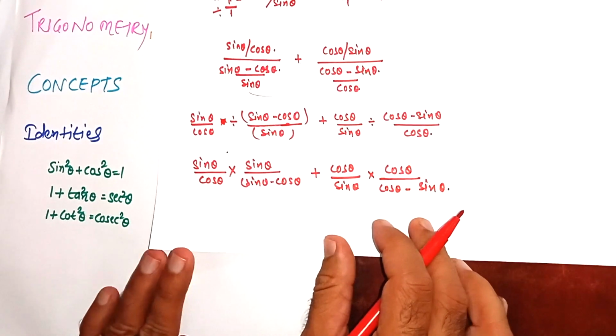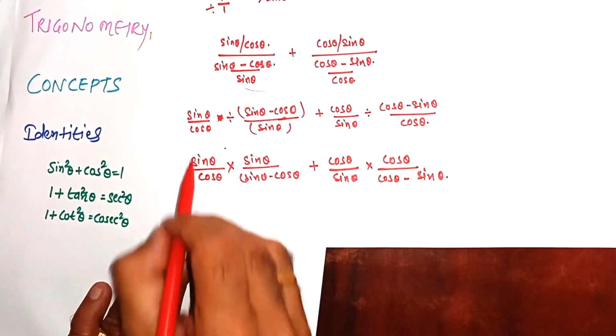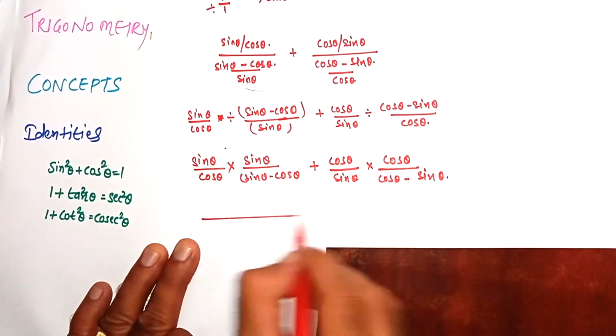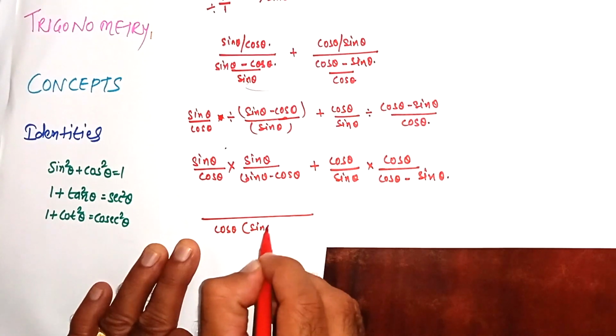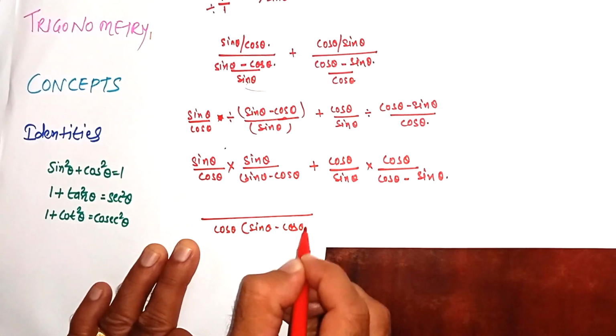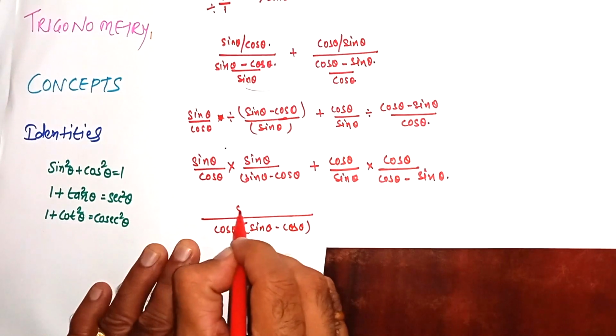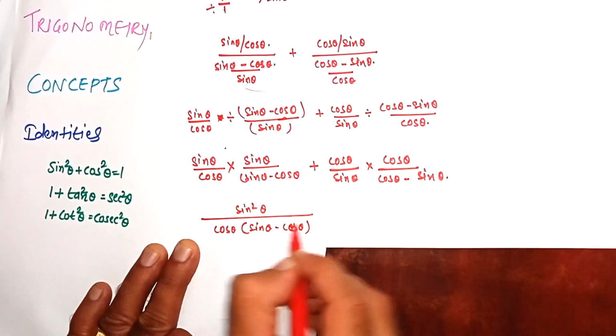What will this become? Now this will become like here, cos theta into sin theta minus cos theta, and this sine into sine, which will be sin square theta.